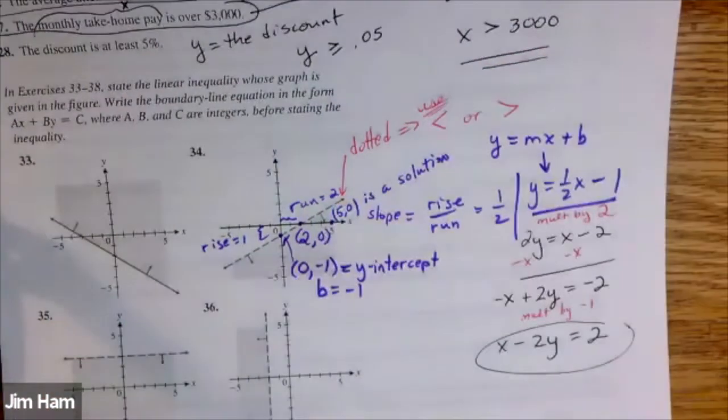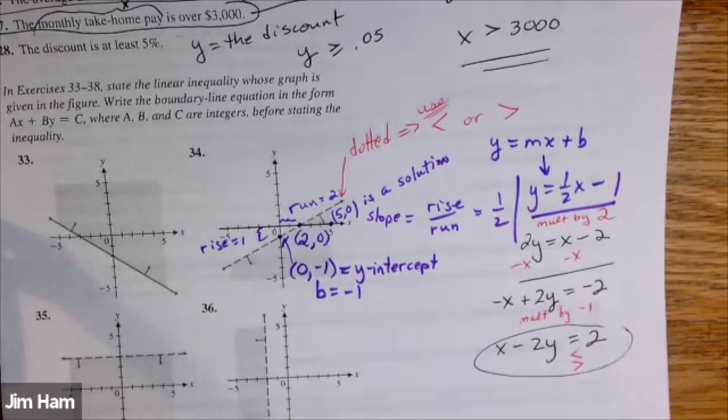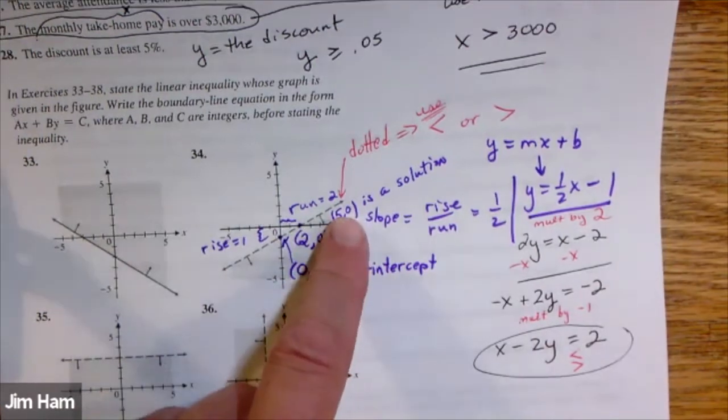We don't want the equal to sign in there, because as soon as we throw the equal sign under the inequality, then we've got a solid line. So we're down to the decision as to, do we want greater than or less than in place of that equal sign to complete the problem? And here's where the test point is going to come in.